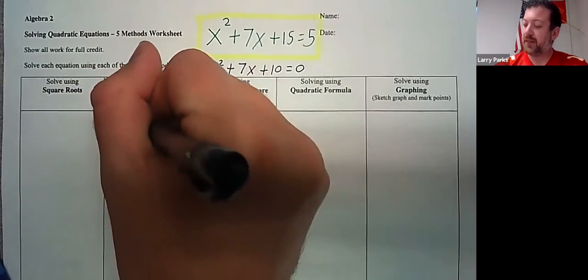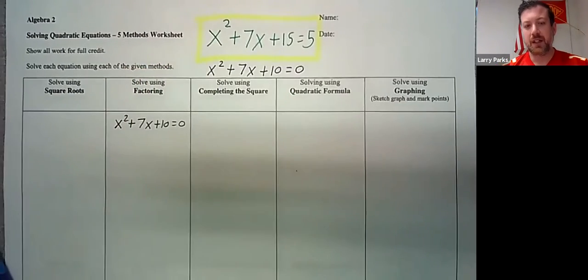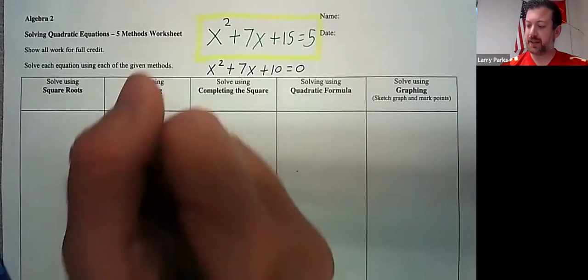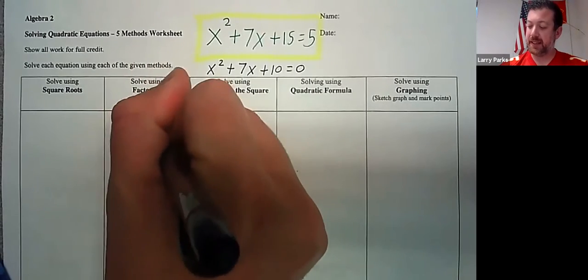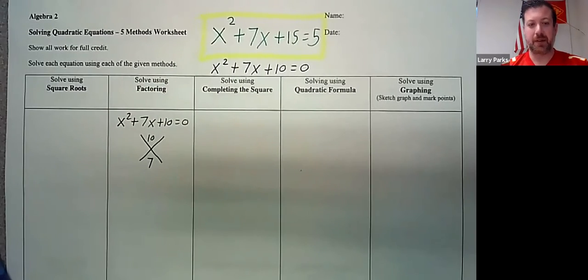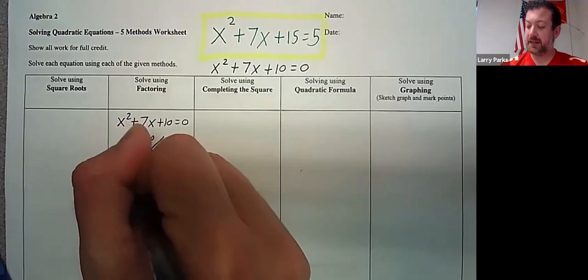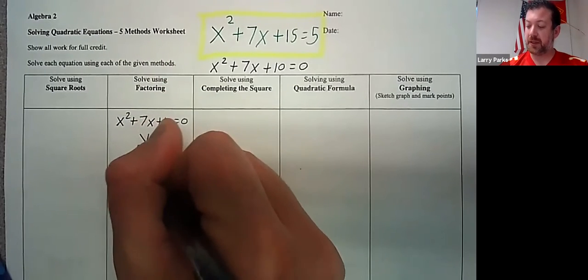So the most efficient method, I think, in this case, is solving by factoring. So you'd say, okay, what multiplies to 10, adds to 7? That would be 5 and 2. So you get x plus 5, x plus 2.